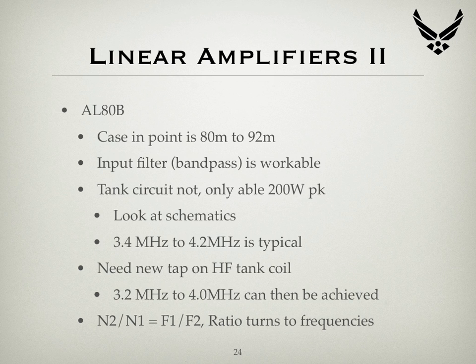So we didn't actually lose capability of communicating on the regular amateur bands, but we gained the capability of operating much lower, all the way down to 3.2 megahertz, which included the 92 meter band that we were interested in working with.